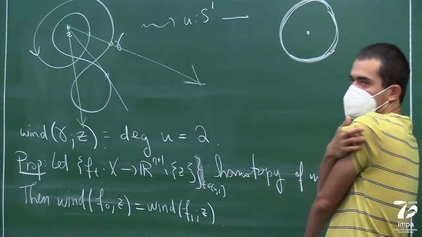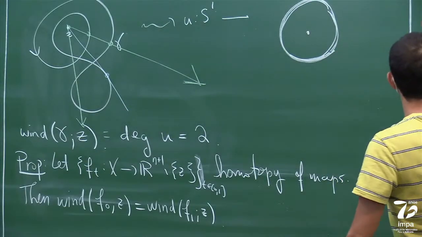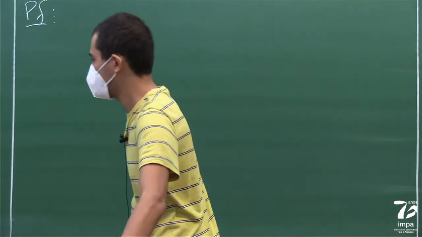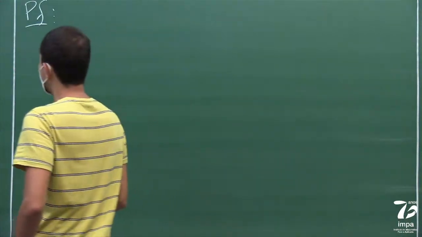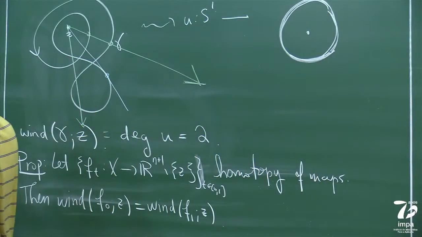I mean this is an easy proposition to prove, but let's prove it anyway. I guess it's instructive to see why. So for F0 and for F1, we have maps U0 and U1.